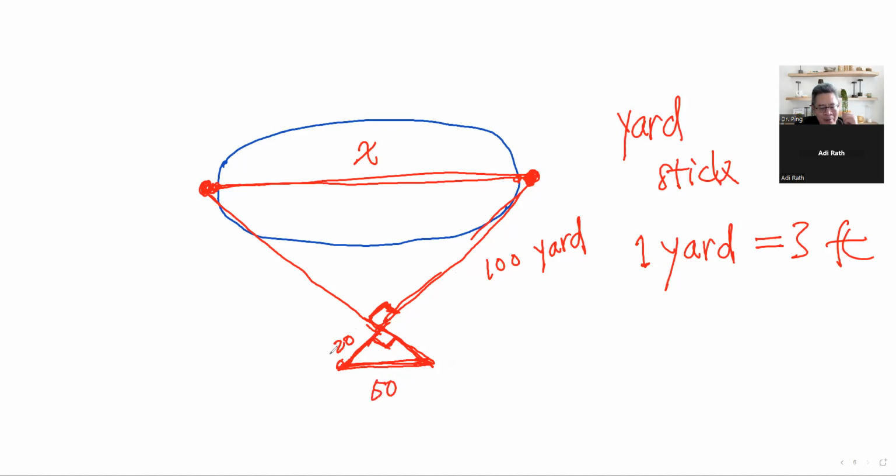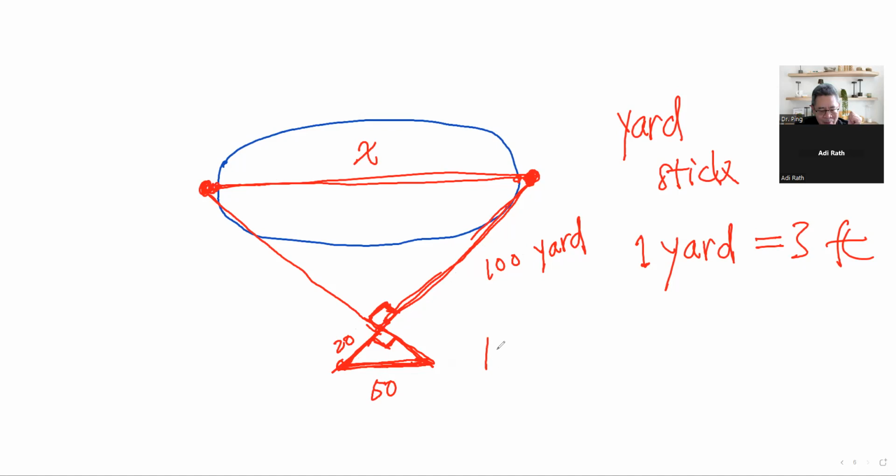So now we know 3 numbers here versus here, and it's 50, 100. Because they are right triangles and similar, they are in proportion.